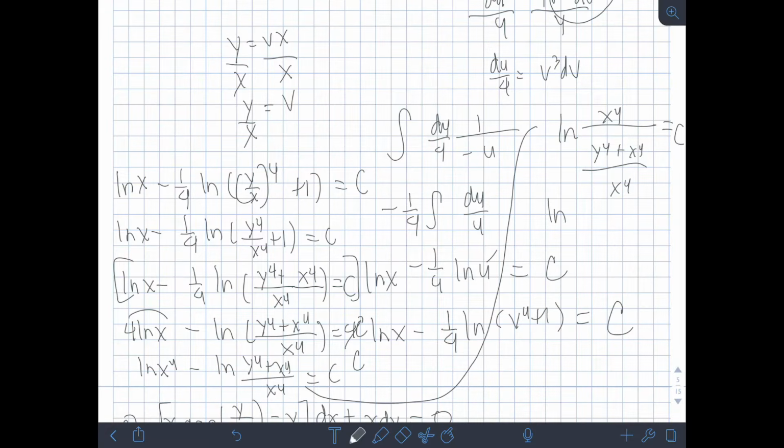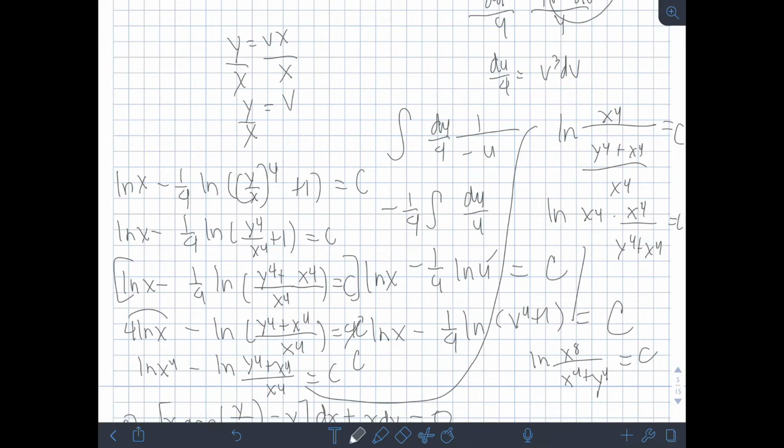So, ln of x to the 4th times x to the 4th over y to the 4th plus x to the 4th equals c. Or simply, dito, ln x to the 8th over x to the 4th plus y to the 4th equals c. Tapos, pwede natin itong gawing exponent with same base e, magiging cancel.